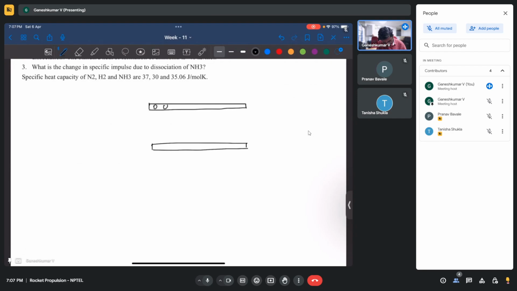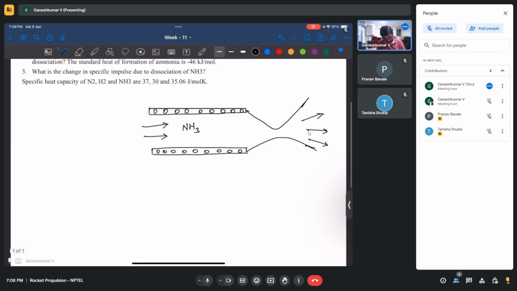Then you have a heater which goes circumferentially, so I'm just drawing a cut section here. The gases come, get heated up, and then it is connected to the nozzle, where it gets expanded. It's a simple schematic.